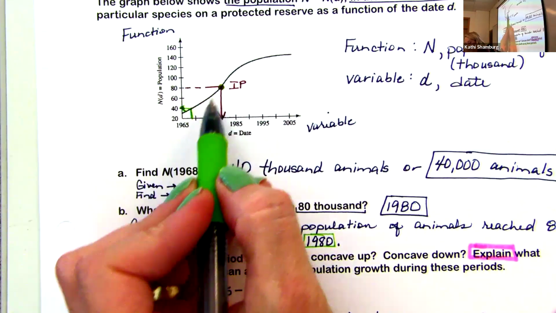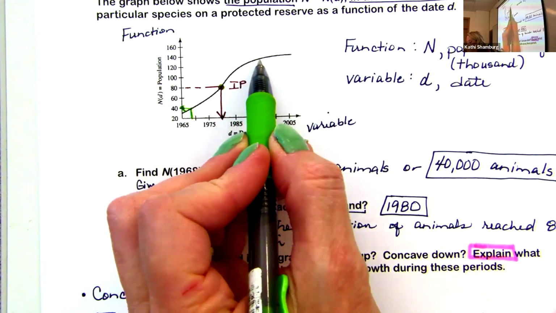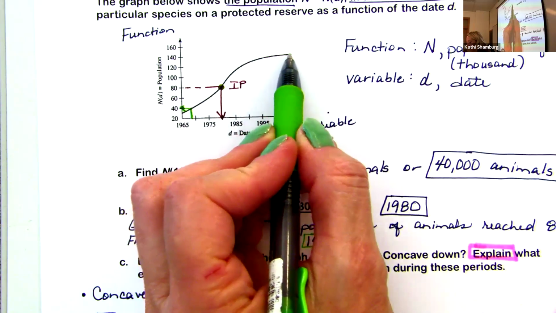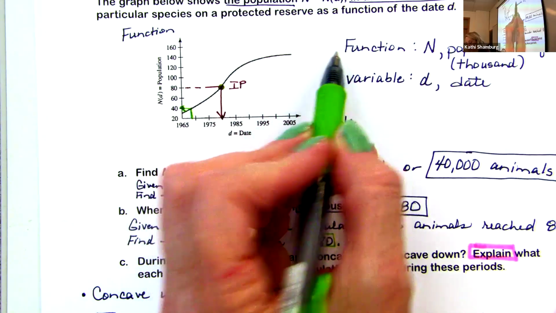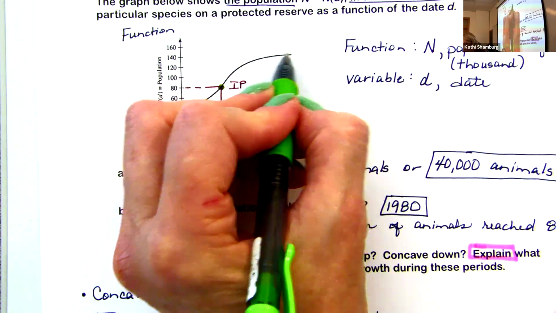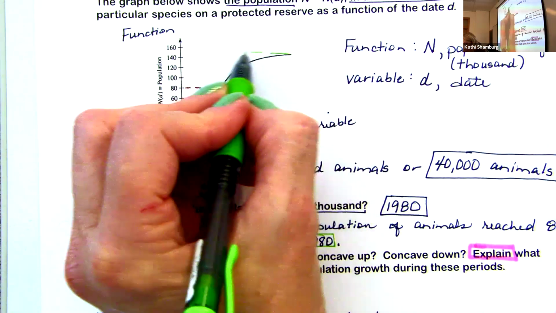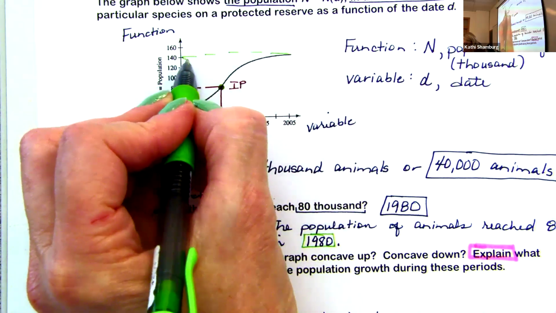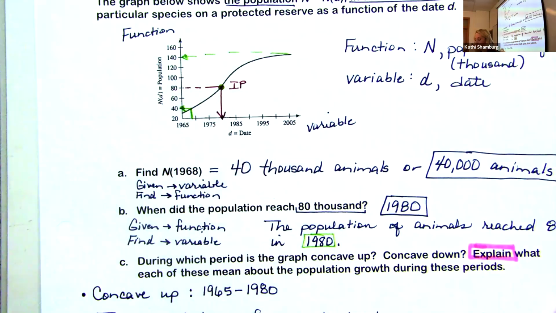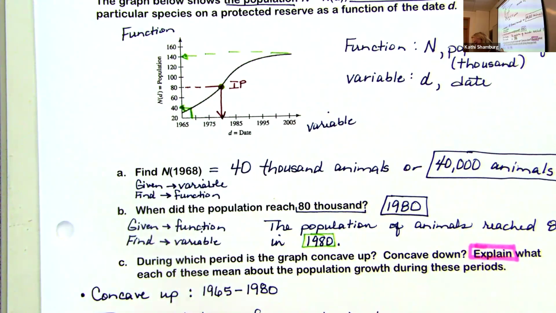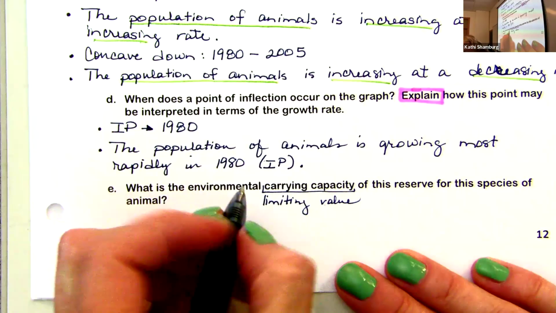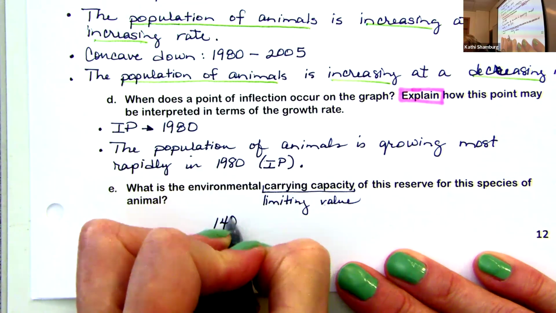So we see that population starts slowing down, and then it appears it's just going to level out into a straight line, which means there's not going to be any more growth. So how many animals would be your limiting value? It would be 140.